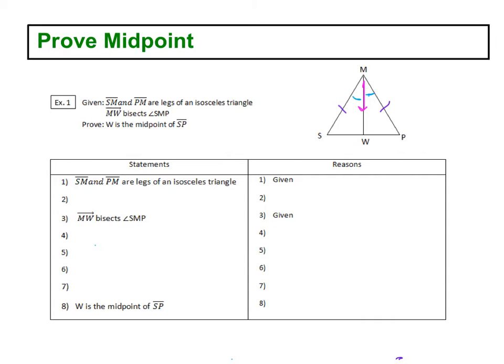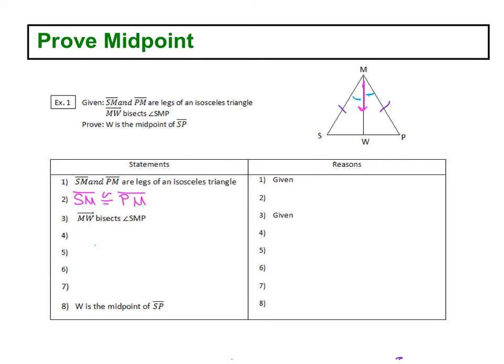Alright, so our statements. Here's first thing, given. We already know that. Now, when we looked at the figure and we said we had an isosceles triangle, that's when we went ahead and marked these congruencies. So that's going to be our second statement. We're going to say that SM is congruent to PM.